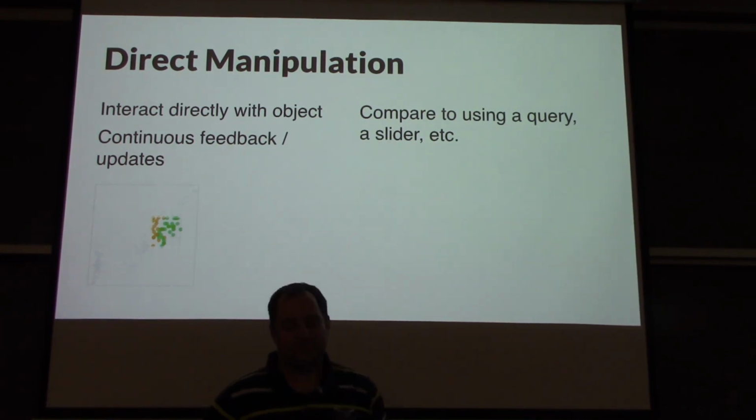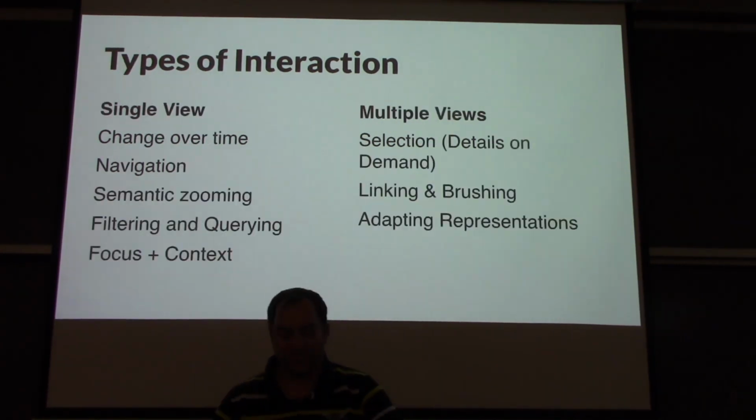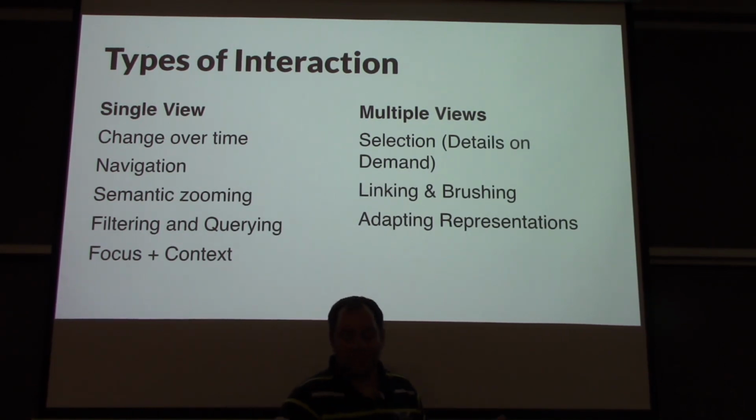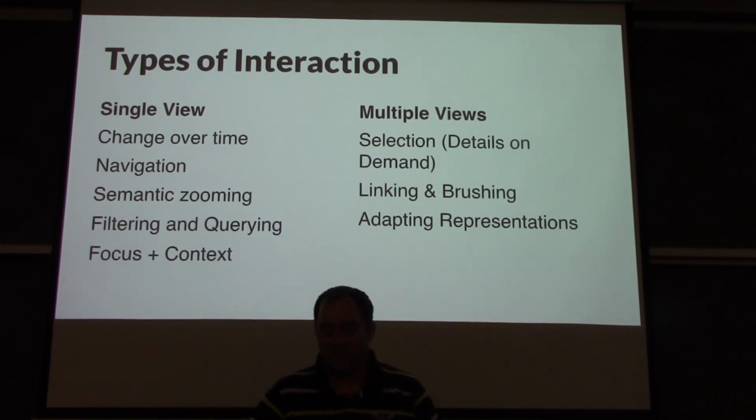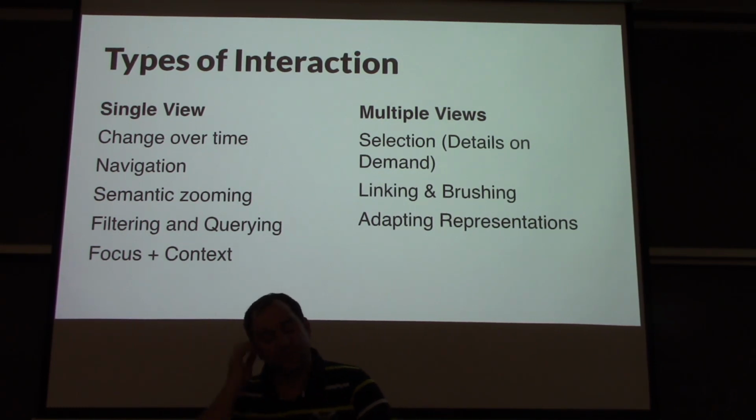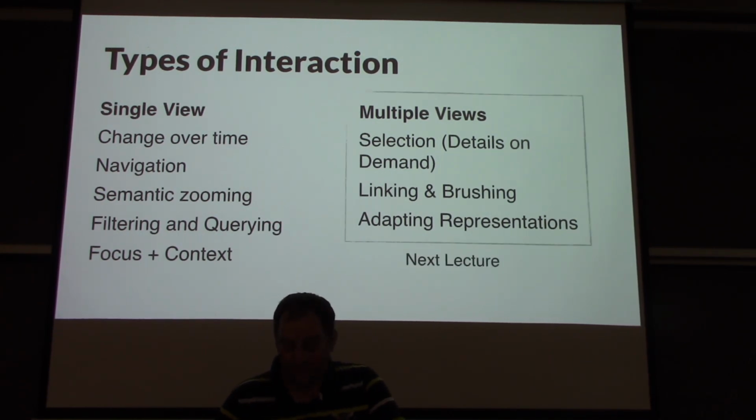But usually direct manipulation, whenever you can do it, is the better approach. We had these types of interaction for single views and multiple views. For single views we show change over time, we do navigation, semantic zooming, filtering and querying, focus and context. And for multiple views, we do selections or details on demand, linking and brushing, and adapting representations.